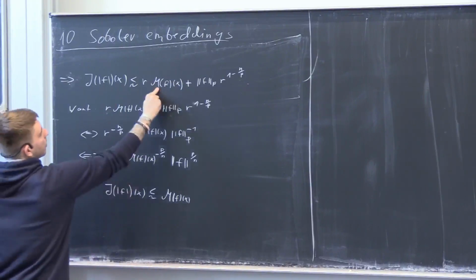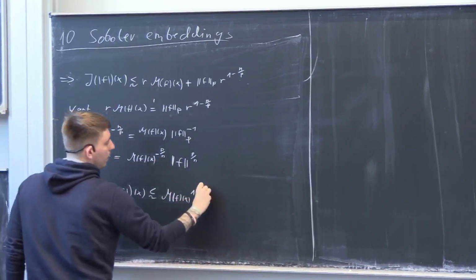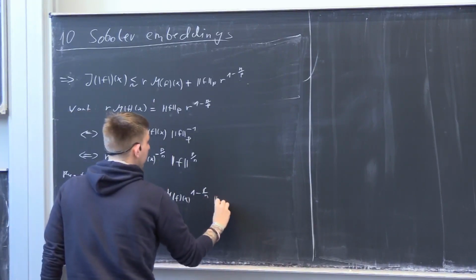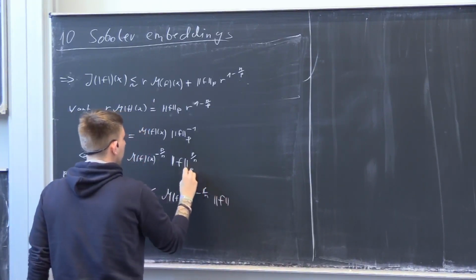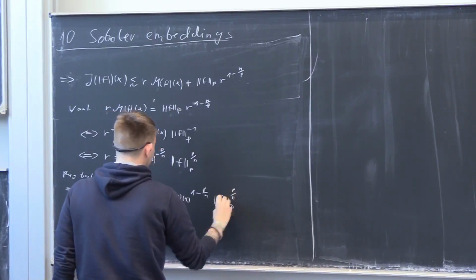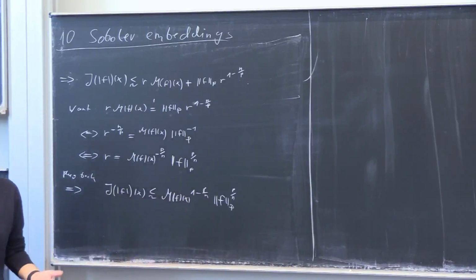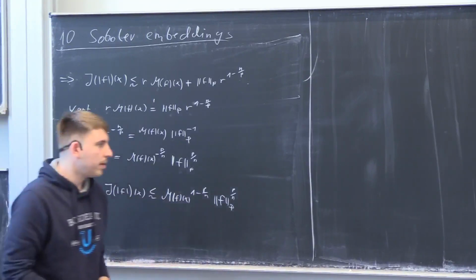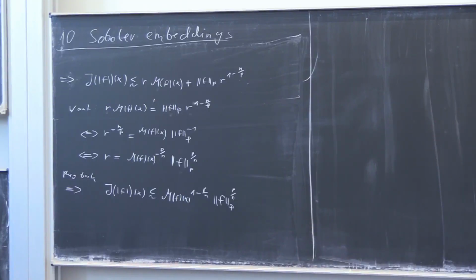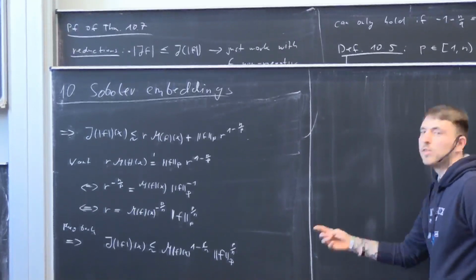Well, I get this power 1 that I have here, 1 minus P over N, and I get this F in P norm to the P over N. Okay, so this is the pointwise bound that we get for the Riesz potential. And in the end, we want an estimate of the Riesz potential in the P star norm. So we apply the P star norm to this pointwise bound.